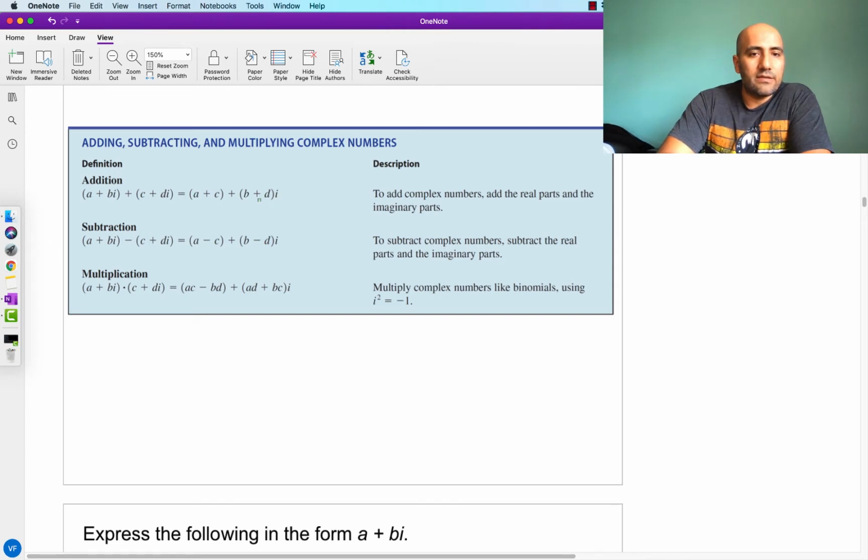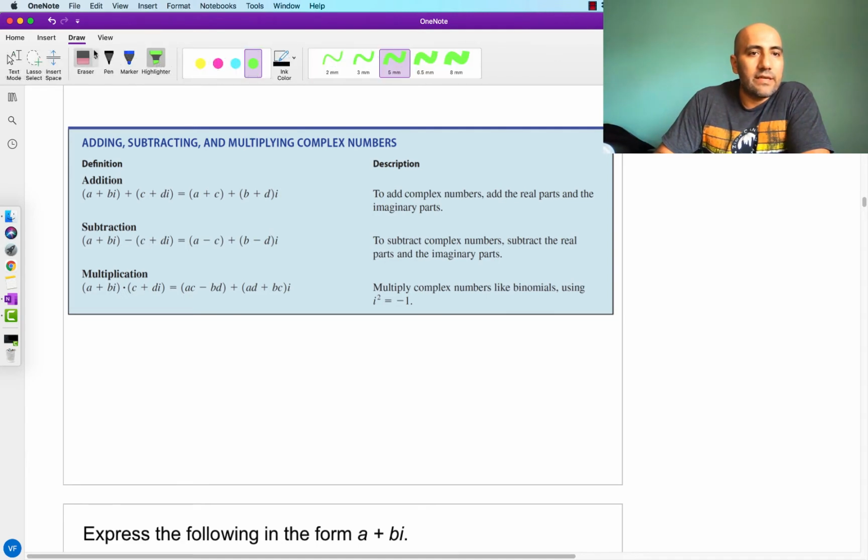So here is the new solution, and again, notice that the final answer is a complex number, where this is going to be the real part and this is going to be the imaginary part. And so we got it by adding the two real parts together and adding the two imaginary parts together.